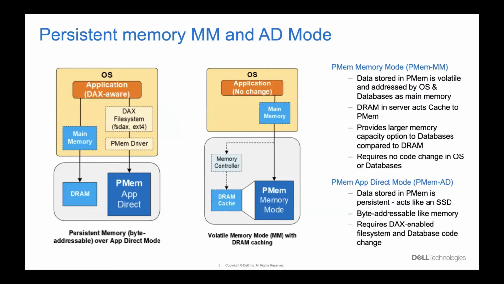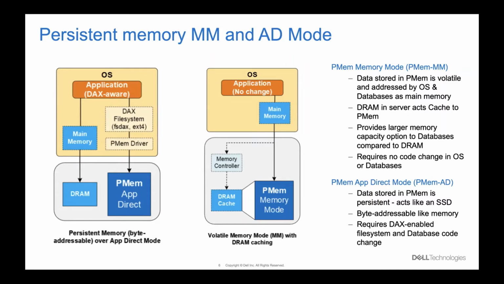So the persistent memory has 2 main modes. It's memory mode and app direct mode, as I already mentioned. And the difference is how, in this case, PMem is treated by applications. In memory mode, the application should not be changed, and the PMem will be visible from the OS level and from the application level like normal memory, and nothing has to be changed.